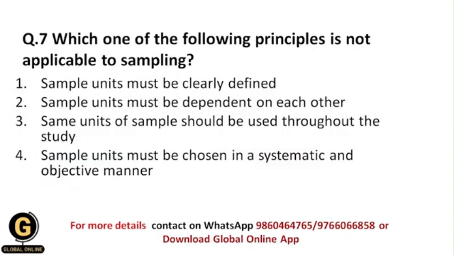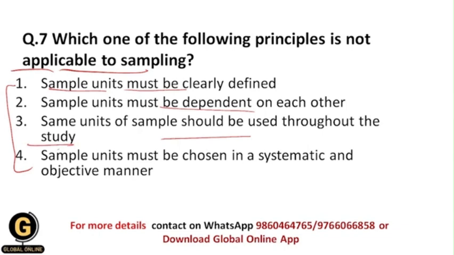Okay. Which one of the following principles is not applicable to sampling? Now here they have given certain principles of sampling techniques, and we need the principle which is not applicable. Whether it is sample units must be clearly defined, whether sampling units must be dependent on each other, whether the same units of sample should be used throughout the study, or whether sample units must be chosen in a systematic or objective manner.